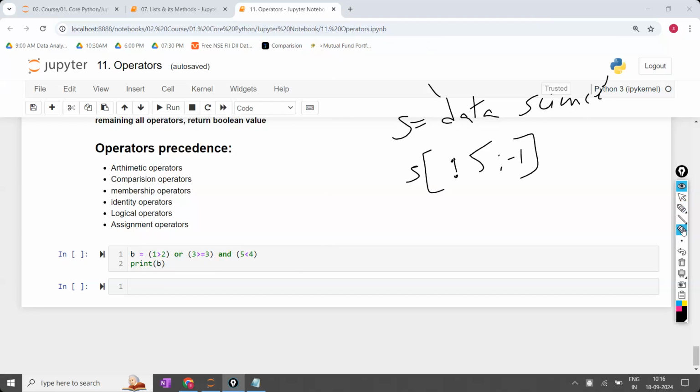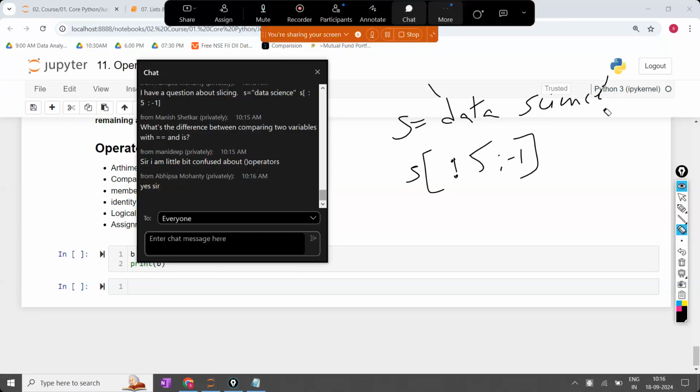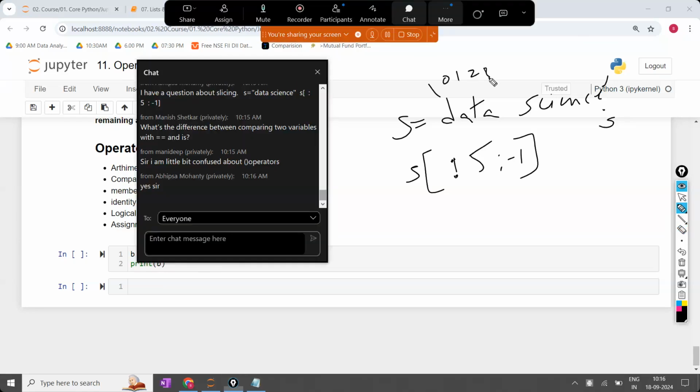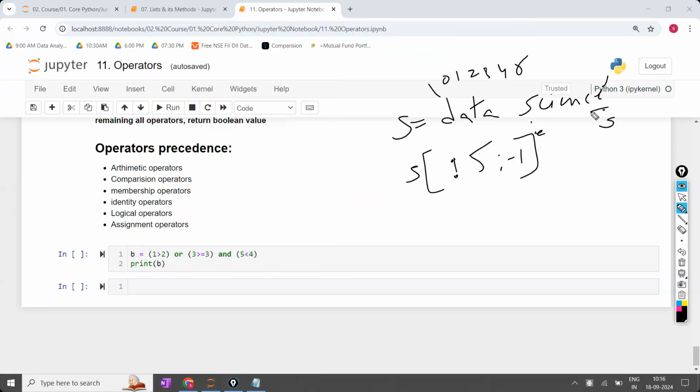Now, the starting was nothing given. In the negative direction, this is the starting point. And where is 5? 0, 1, 2, 3, 4, 5. This is 5, this is the ending point. In this direction, the answer is E, C, N, E, I, C. Up to this is the answer.